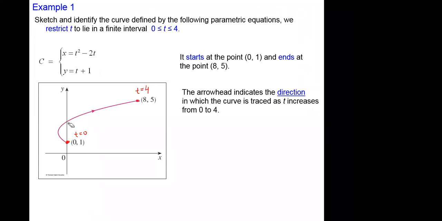And of course, since we do have a restriction, the first value, the smallest value, 0, will give me the initial point, and the parameter t equals 4, the maximum value, will give me the terminal point. And we still have the direction.